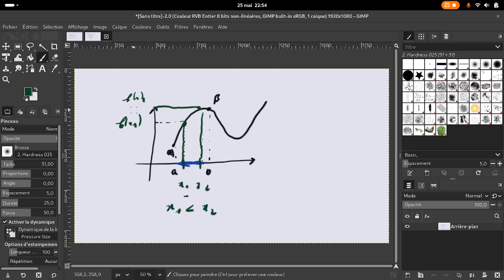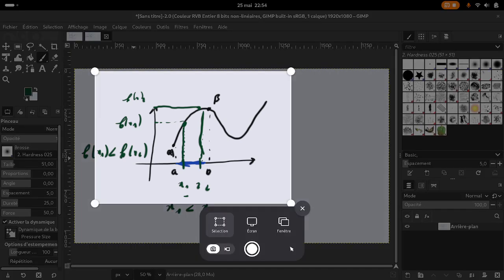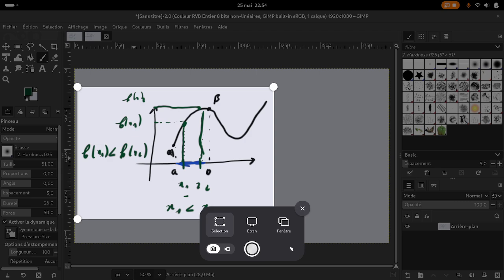And now I can see that if I take the length, f(x1) is strictly under f(x2). This is the property of an increasing function.